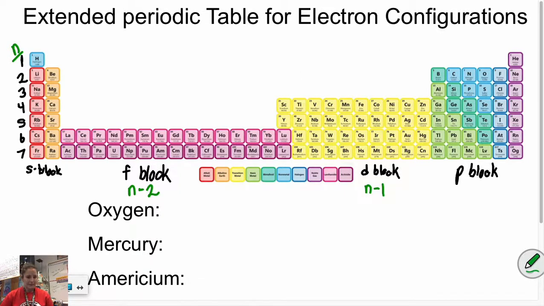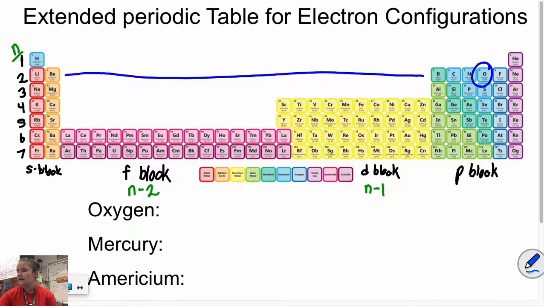So let's do some examples here. First example we're going to look at is oxygen. Oxygen is right here in the P block, and it is also in the second energy level. So we always start at the top with those first electrons.